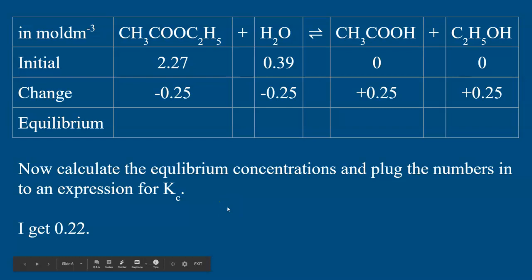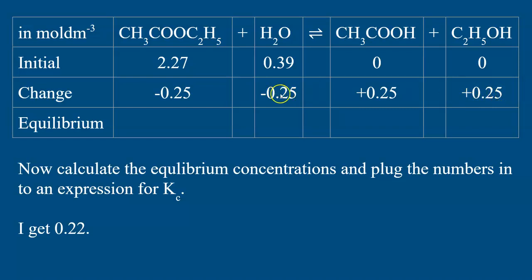Now what you then have to do, if you agree with all my figures along here and along there, if you get 0.025 more moles of this, then you must get 0.025 more moles of ethanol.